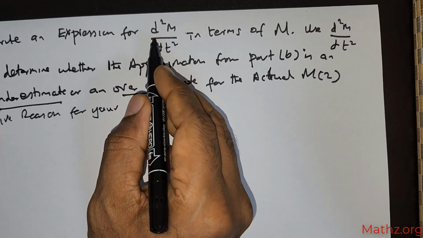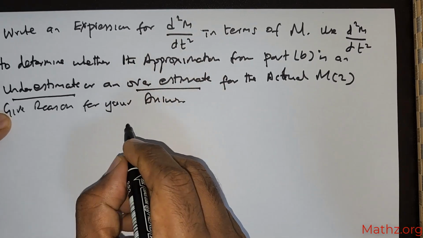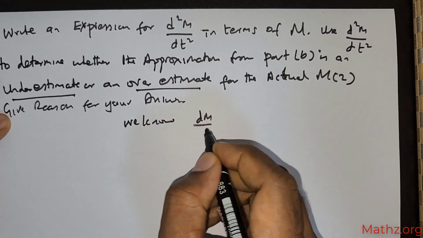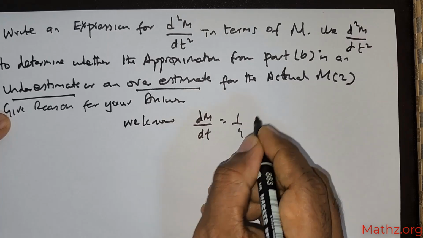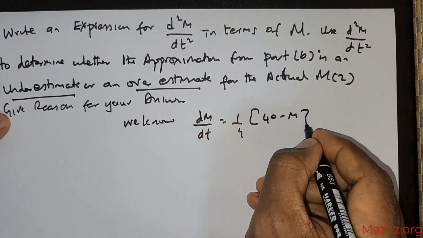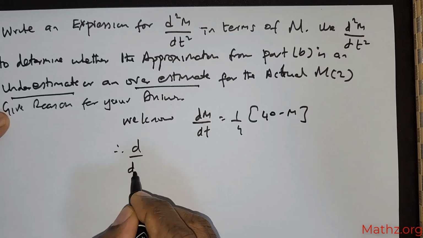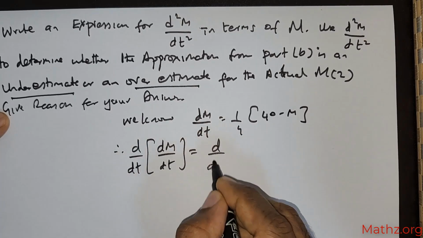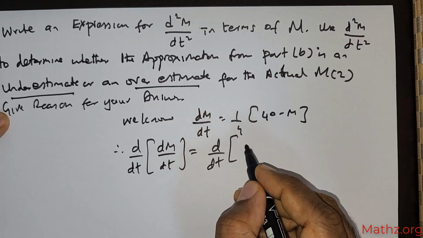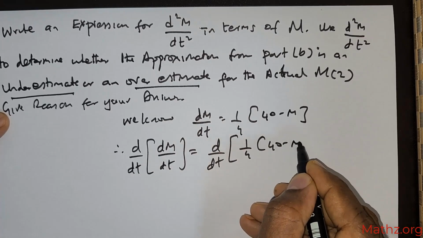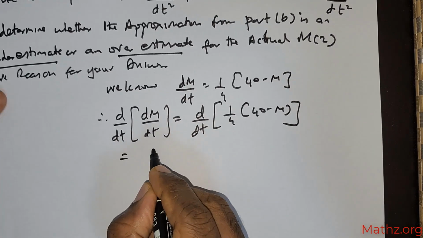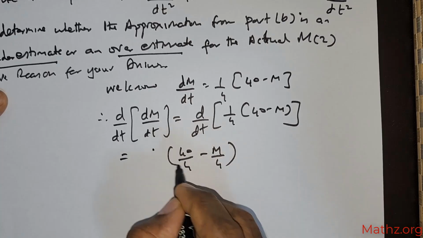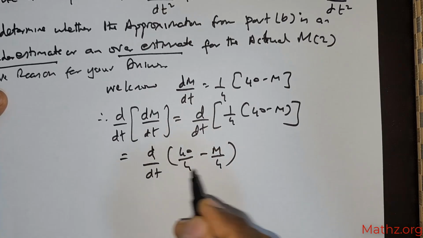So foremost we need to get d squared m over dt squared. We know that dm over dt is 1 over 4 of 40 minus m. Therefore d over dt of dm over dt is equal to d over dt of 1 over 4 of 40 minus m, which can be rewritten as 40 over 4 minus m over 4, and this has to be differentiated.